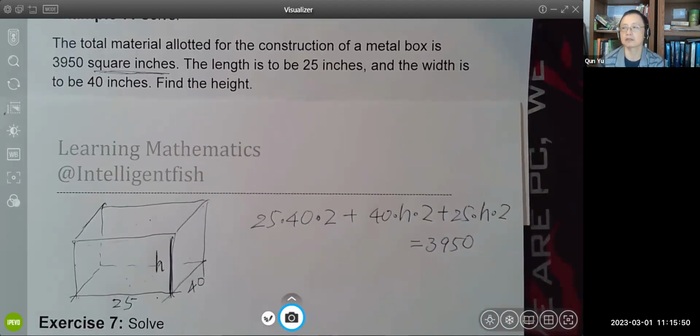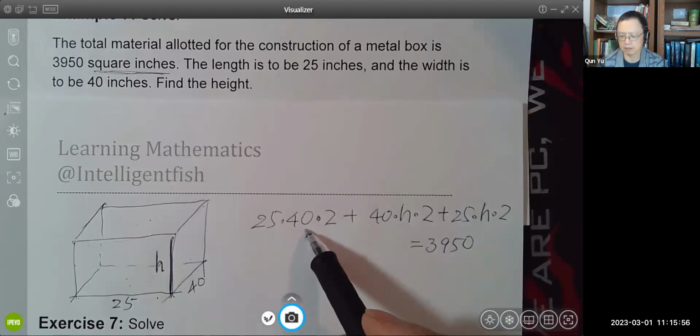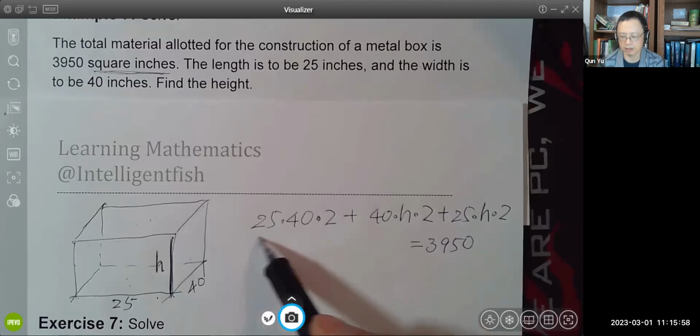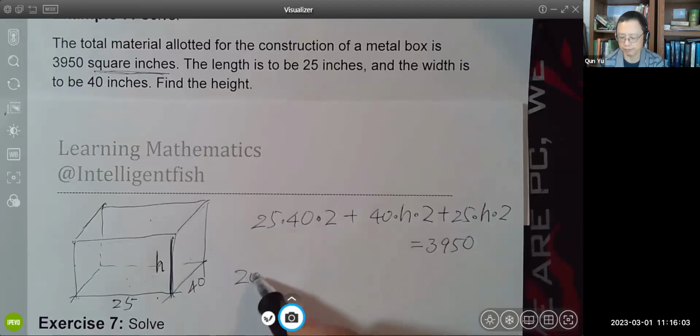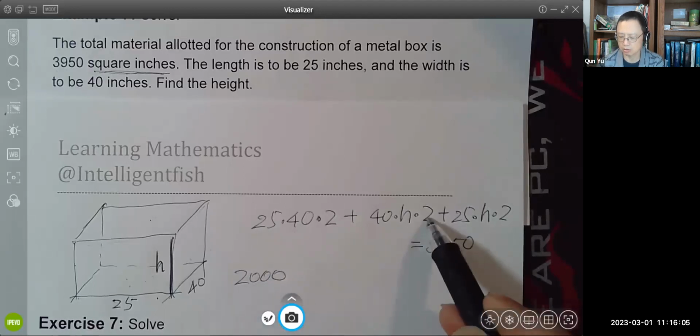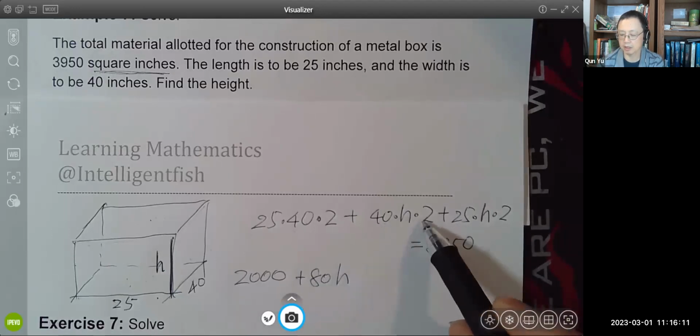Now the rest, we just do the calculation to find h. 25 times 40 is 1,000, because 25 times 4 is 100. 1,000 times 2 is 2,000. And then 2 times 40 is 80, so 80h. We can multiply them together because in multiplication, order doesn't make a difference.